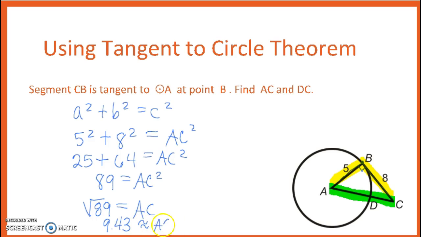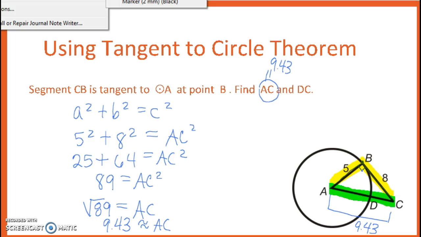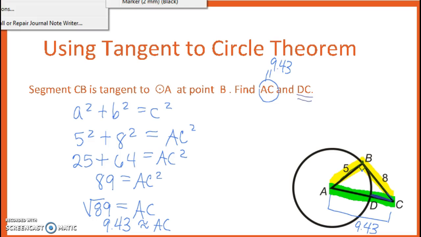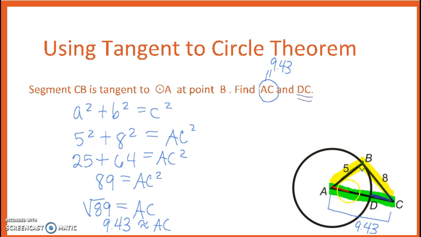So I'll use an approximation sign. All right, so if that's this entire length right here, 9.43, that's the length from A to C, I should be able to figure out the length from D to C. And if you look, DC is just this part right here. I know that AD right here is a radius of the circle just like AB is.